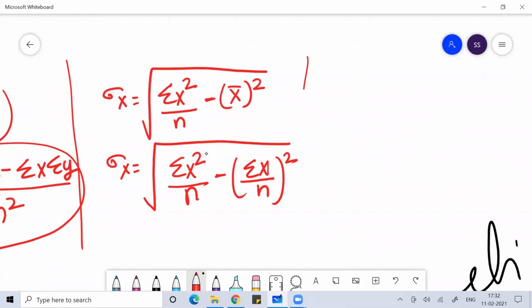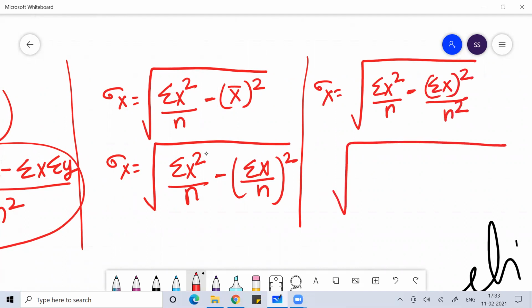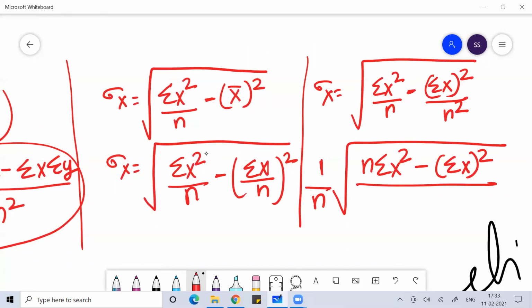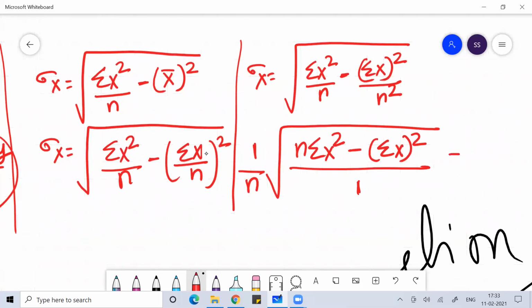So standard deviation of x is equal to summation of x squared by n minus summation of x whole square by n square. If you take LCM, you'll get n summation of x square minus summation of x whole square by n square. If you put that outside the root, that is the standard deviation of x formula.